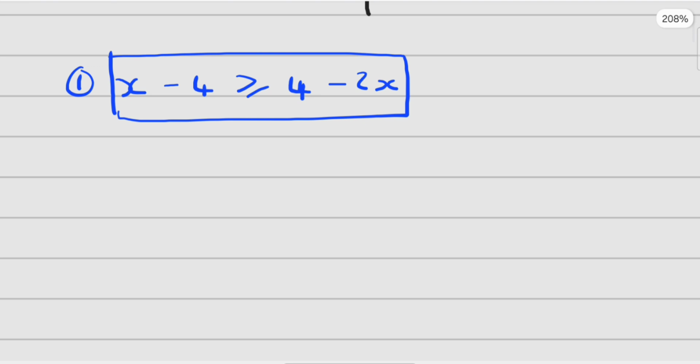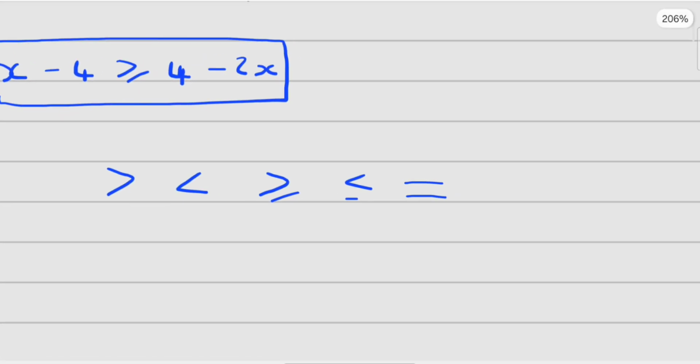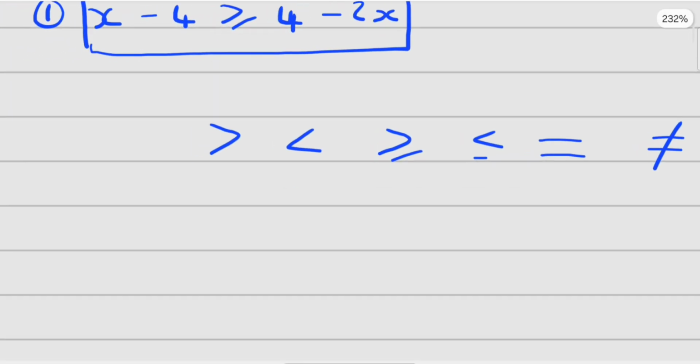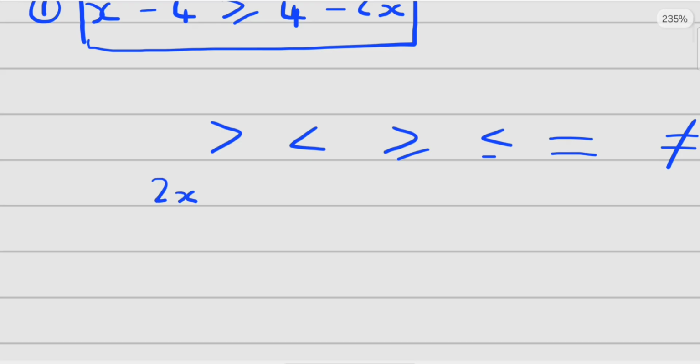We know inequalities in mathematics include these signs: greater than, less than, greater than or equal to, less than or equal to, and this one, like this, right? So if we have, for example, 2x is equal to maybe 4 like this, we call this an equation, right? It's a linear equation.